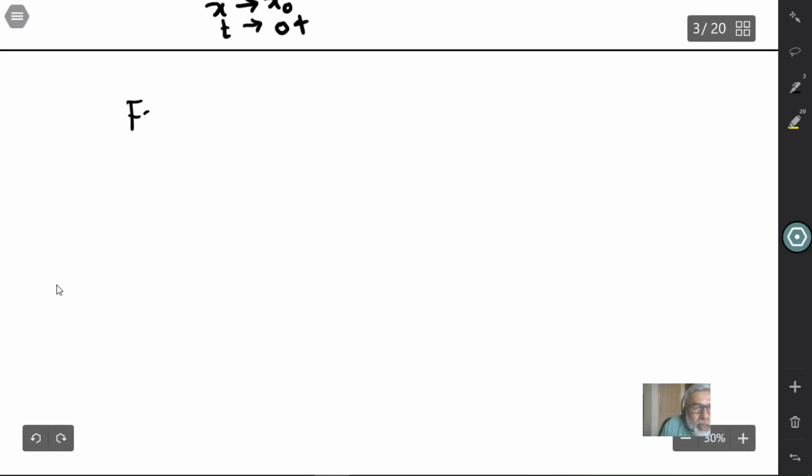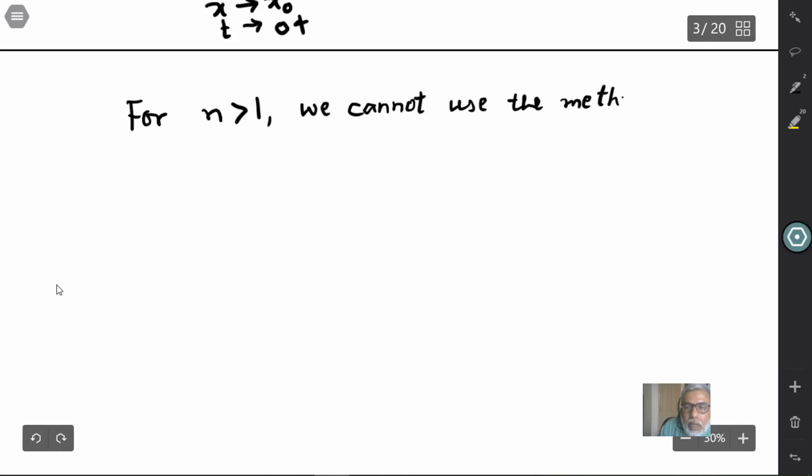So for n bigger than 1, you cannot use the method of separation of variables.